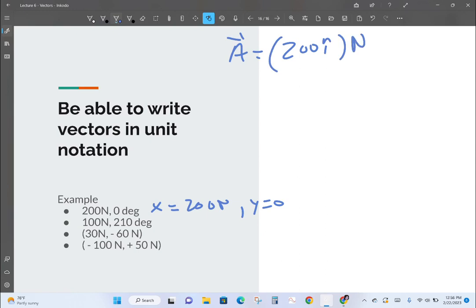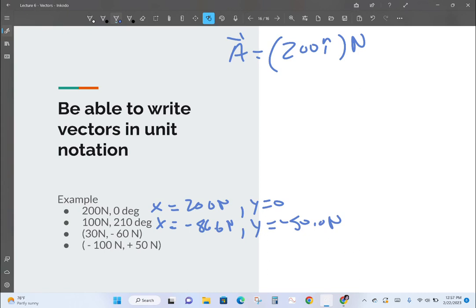If I find the x component for the next one, which is 100 times the cosine of 210, I get negative 86.6. And I get a y which would be 100 times the sine of 210, negative 50.0 newtons.